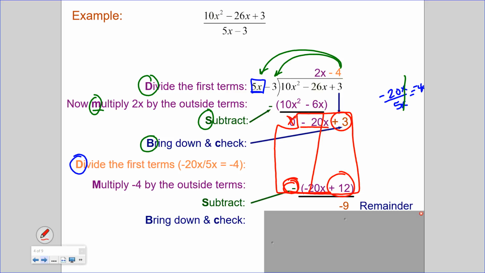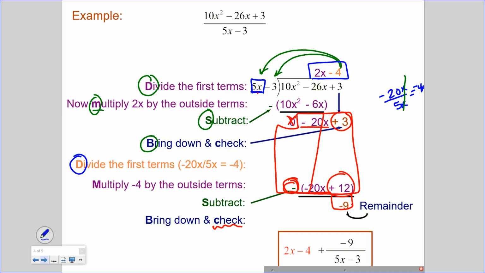At this point, you check that negative 9 will or won't divide by 5x. Because there's no x here, we can't continue this process. So we're done, and this negative 9 is considered our remainder. Just like a remainder, you write your remainder over the original denominator and add that to your answer, up here in your solution.